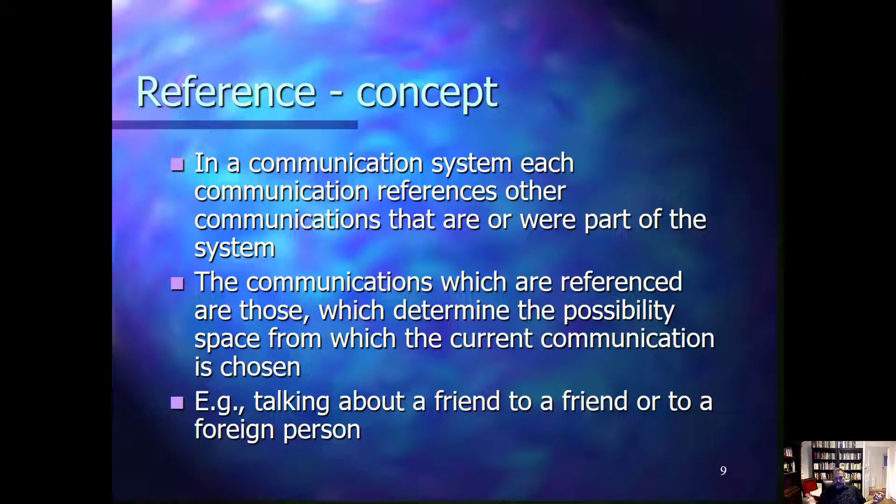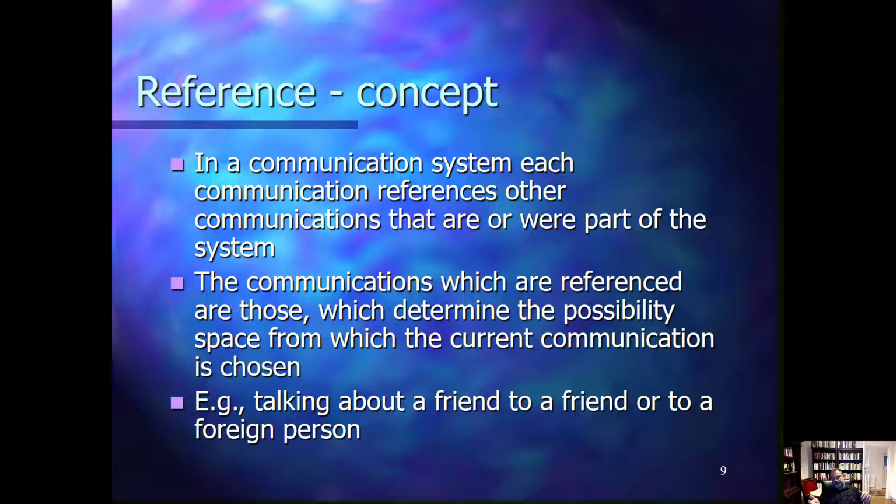Now, if you talk to somebody who you just met about your friend, you will need to explicitly say quite a lot of things about your friend in order to build on this information and references to tell further stories about your friend. So what's important here is that the referencing works, but in one case you can easily reference because the references are already there in the past.